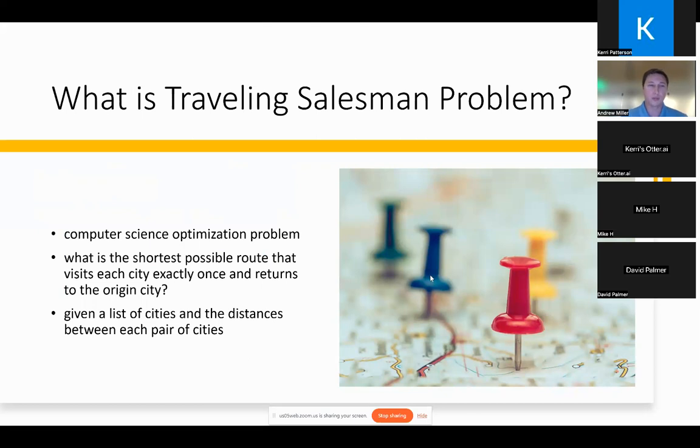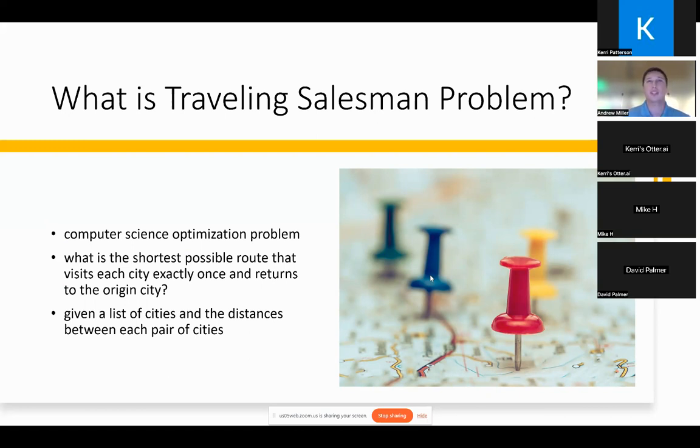So what is the traveling salesman problem? TSP for short. It's basically a computer science optimization problem where you're trying to find the shortest possible path to visit all of the cities, let's say on your map. Obviously you can have a map that doesn't include all the cities in the world, right?